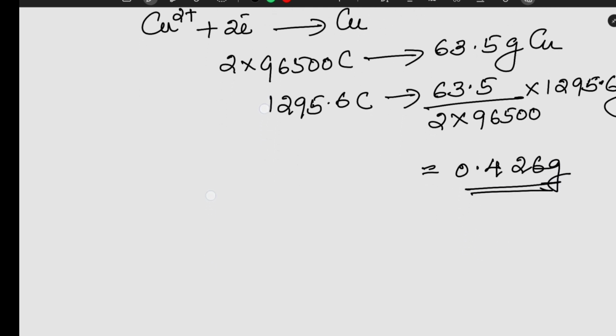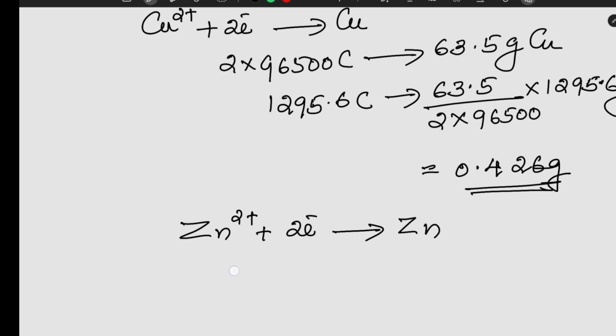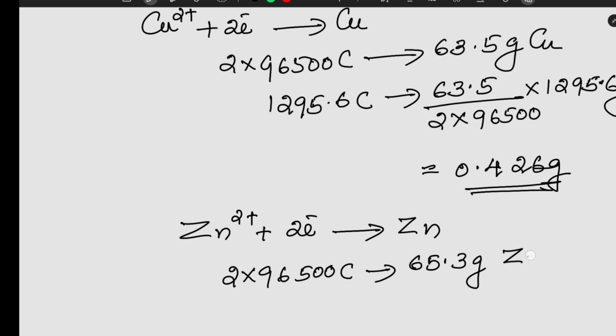Similarly, we can calculate for zinc also. For zinc, the number of moles of electrons involved in the reduction equation is 2. So 2 Faraday, that is 2 into 96,500 coulomb, will give you 1 mole of zinc, that is 65.3 gram of zinc.